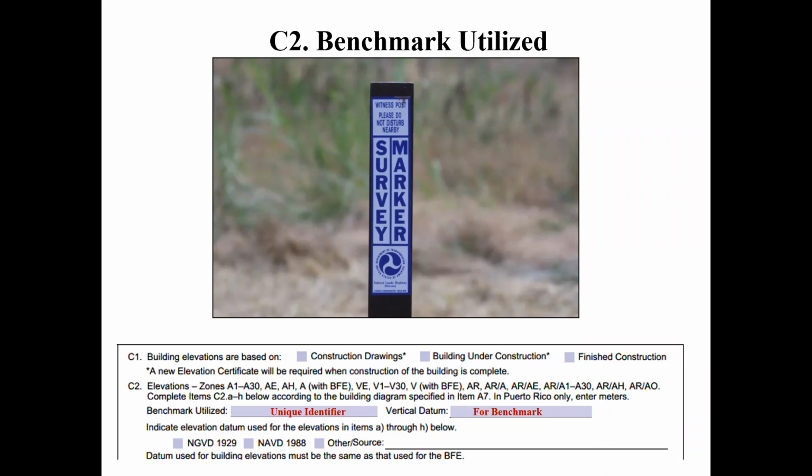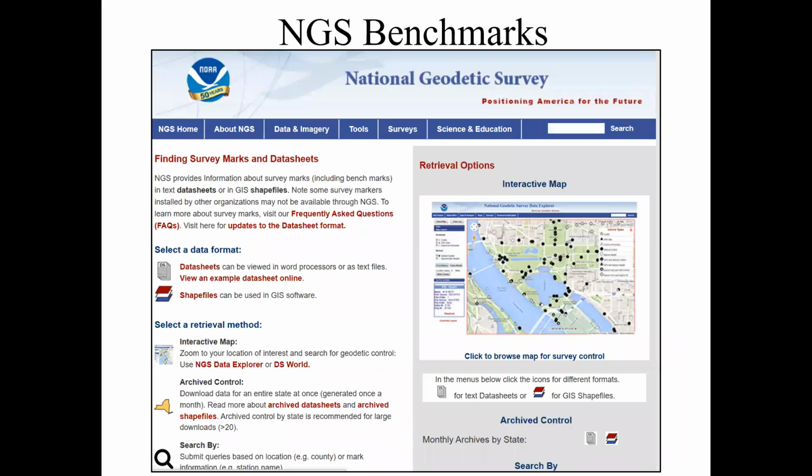So I'll show you a screenshot of this website. It's an interactive map, and you can get a full data sheet for each of these benchmarks. And again, they're maintained and registered here with the database so that you know that they haven't been moved or removed or lost, which is something to be concerned about with the older benchmarks.